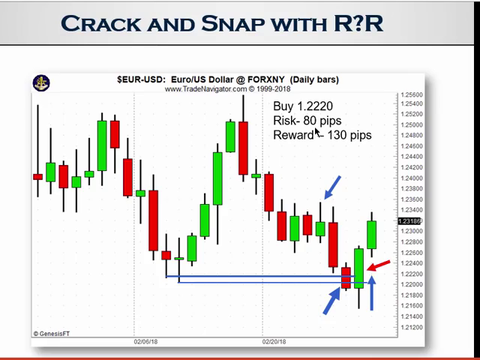So our risk is 80 pips. Our reward is 130 pips. So it'll be very subjective if you want to decide to do this trade. Normally we like to have it at least a 1 to 2 risk reward. So in other words, our risk in this case would be 80. And our reward, ideally, we'd like to be 160 pips, but this is pretty close.